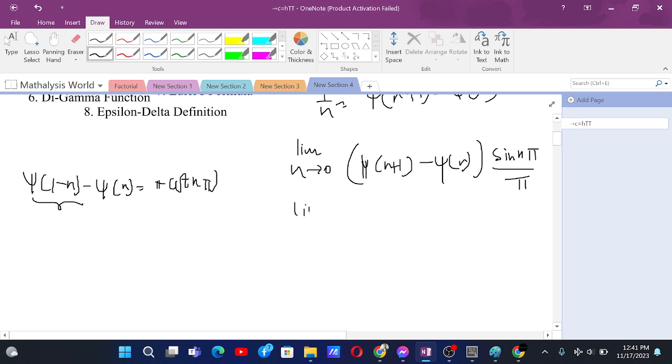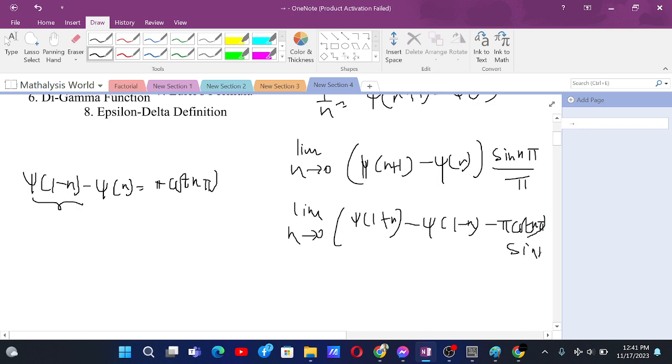So we have the limit n tends to 0 of digamma of 1 plus n, minus digamma of 1 minus n, minus pi cot n pi, times sine n pi by pi.